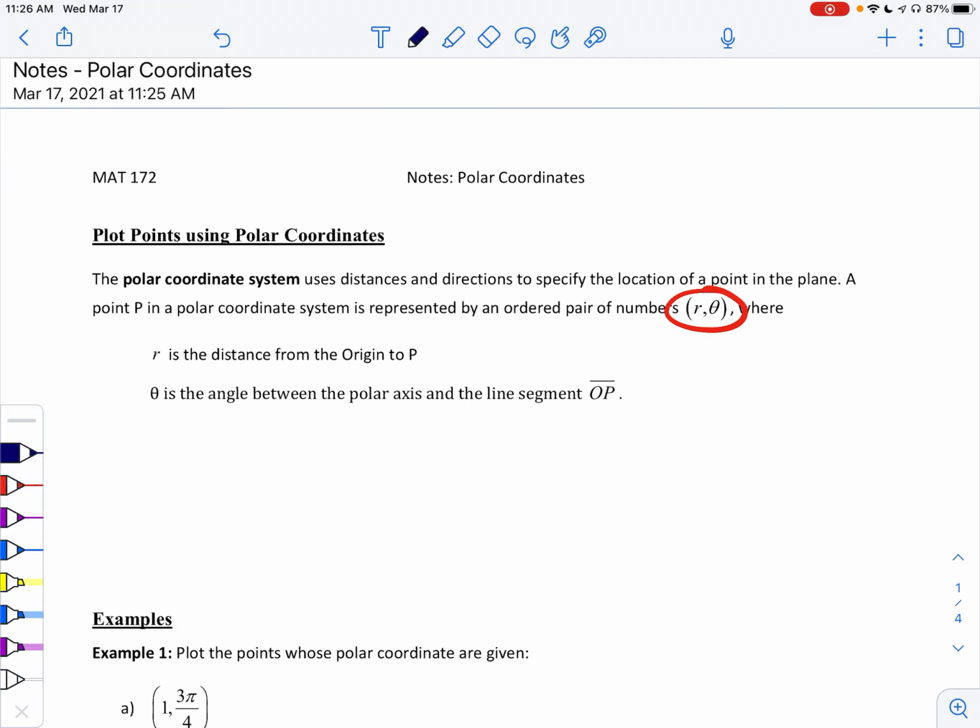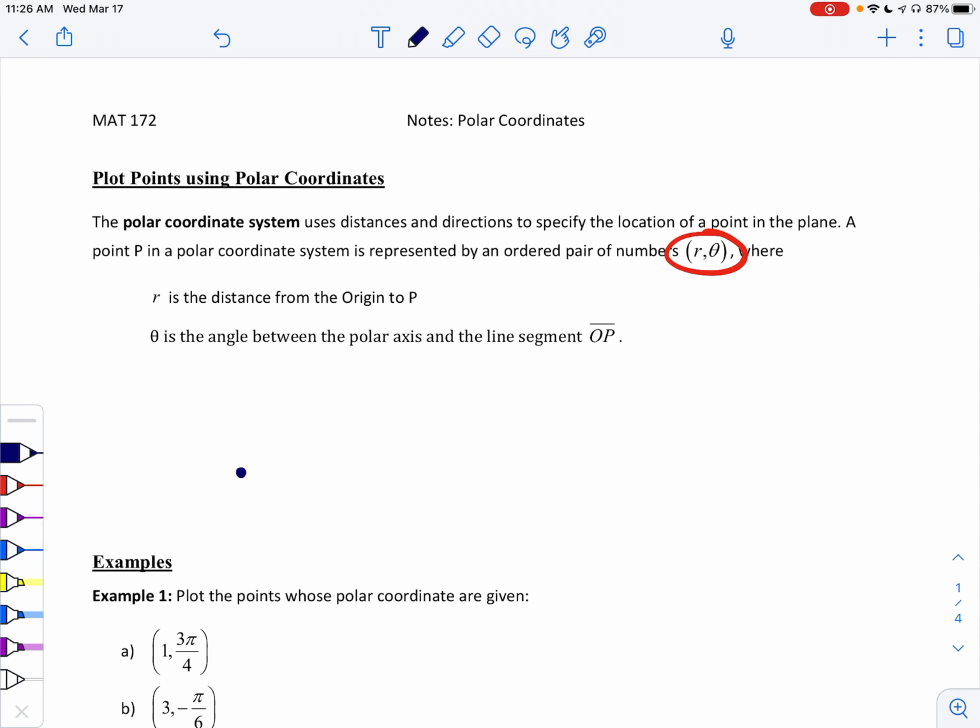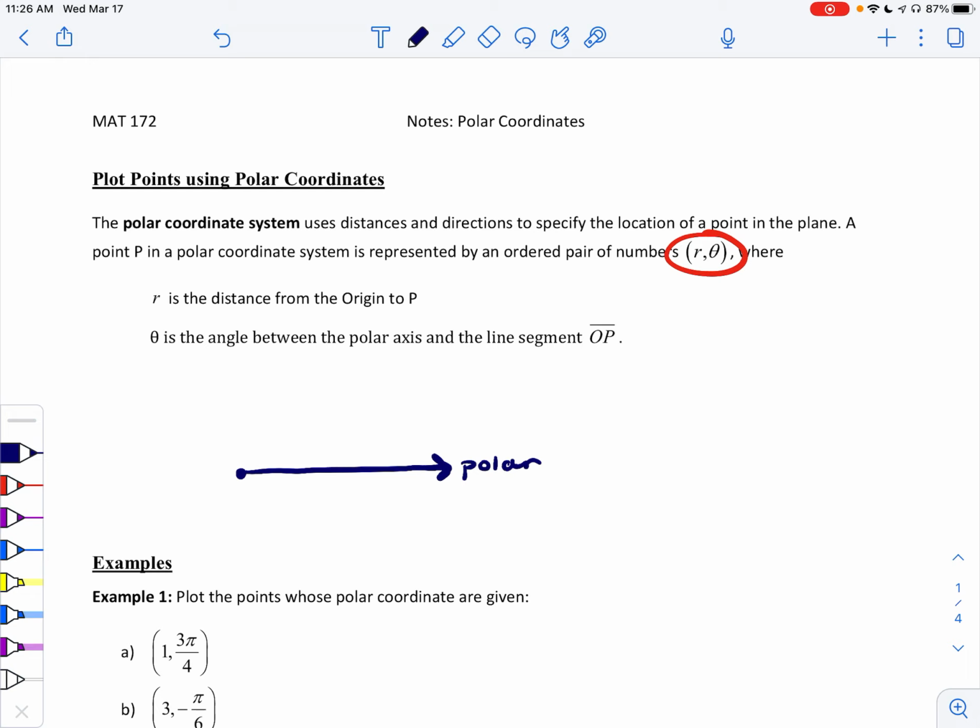So here's kind of what we're looking at. So let's say we have our x-axis, or our polar axis, as it's going to be referred to here, coming from some point, which would be our origin point. Then in order to plot a point in polar coordinates, basically it's based off of some angle theta.